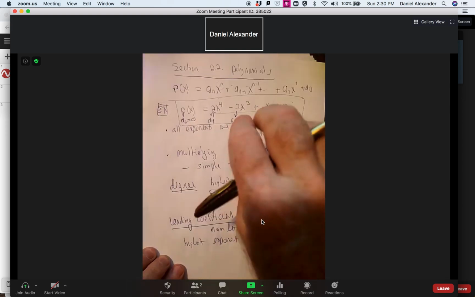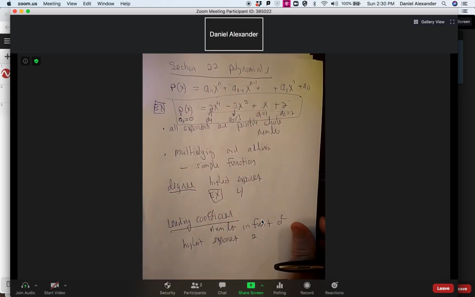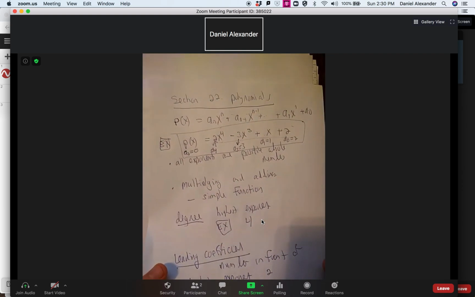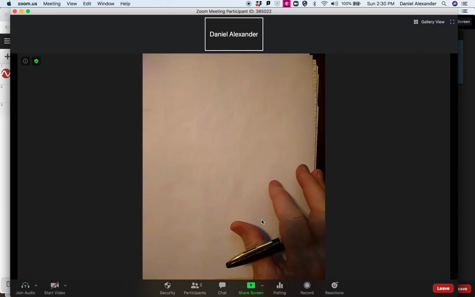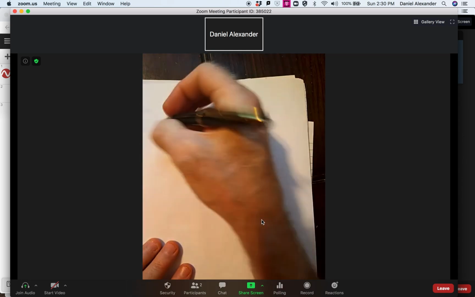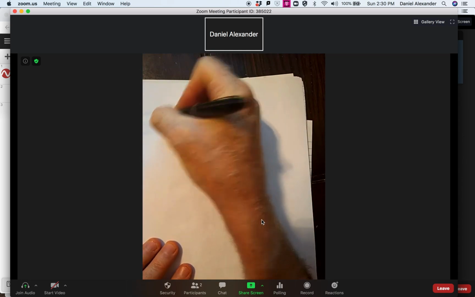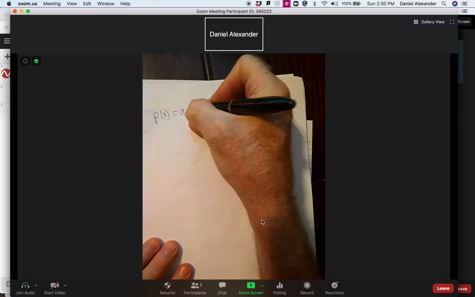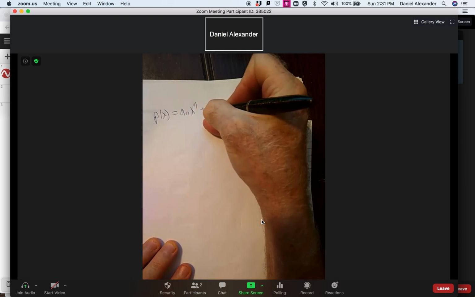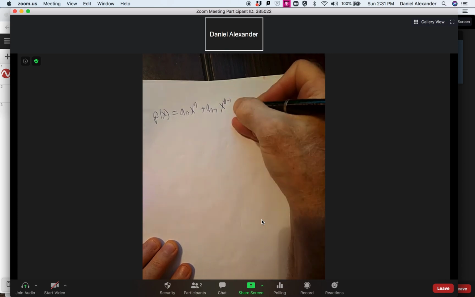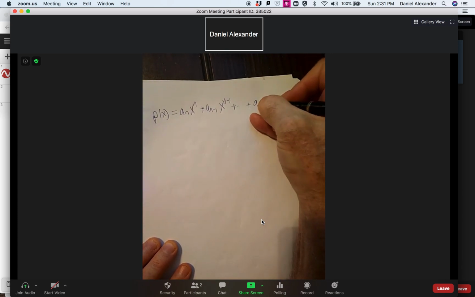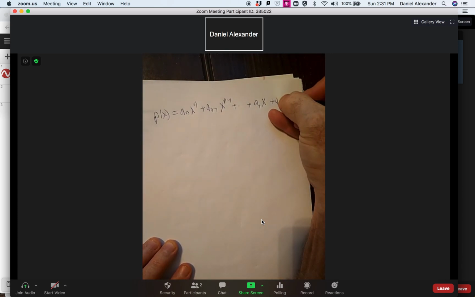These polynomials are important things in math, a basic function, so we just want to make sure we understand them. Now, if we have a polynomial that looks like this, nth degree, I'll write that down. You write down a couple of terms at the beginning and at the end.